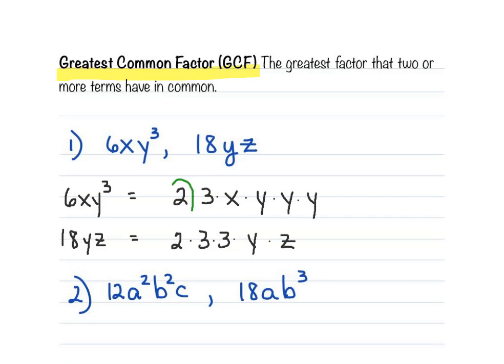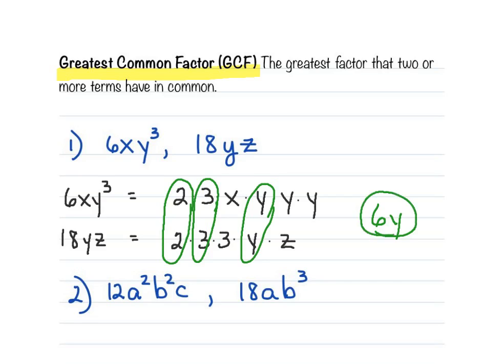So if you notice, they each have a 2 in common, they each have a 3 in common, and they each have a y in common. So we take the common factors and multiply them together, and the greatest common factor would be 2 times 3 times y, that's 6y. The common factor is 6y, the greatest common factor.